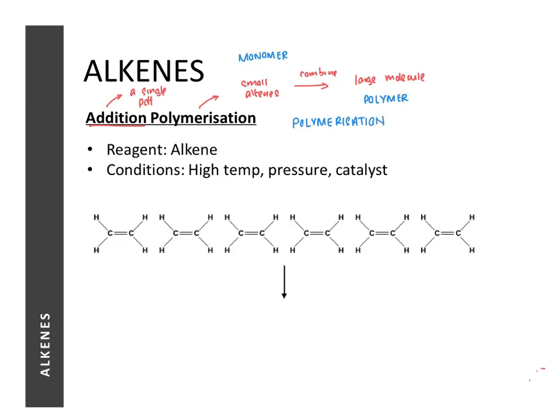We are going to learn this further when we look at a chapter called macromolecules, but for now these are some of the basic terms that are required. So over here the conditions for addition polymerization are high temperature, pressure and catalyst. There's no need to be specific because depending on the alkene, the temperature, pressure and catalyst will vary. So there's really no need to remember any specific numbers.